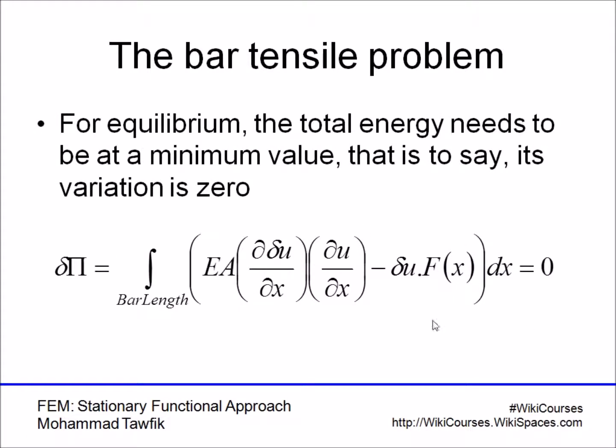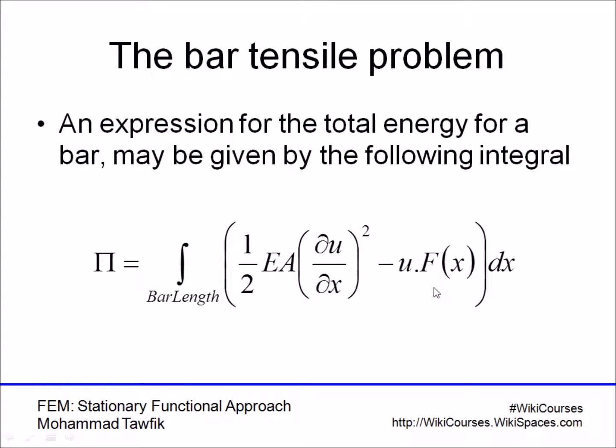Now, taking the variation, the first variation of the total energy, we'll find that the variation operates on the functions of interest over u here. See, so if you differentiate this g of u, you'll get twice partial u by partial x multiplied by the variation of partial u by partial x.